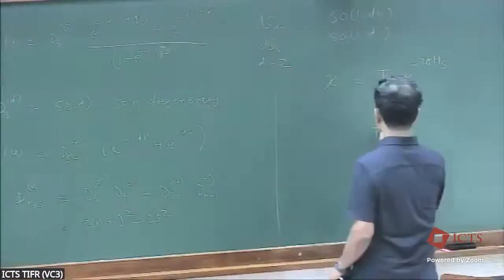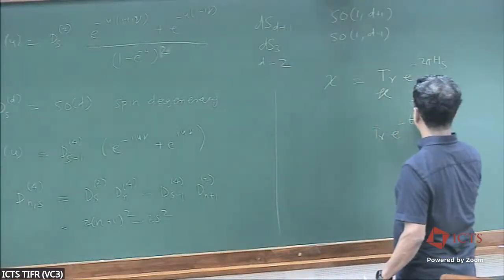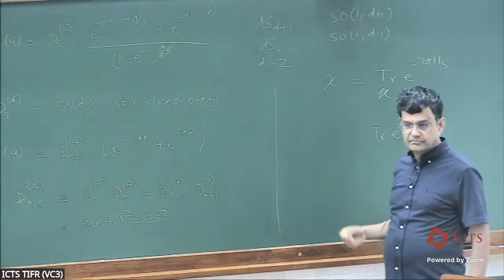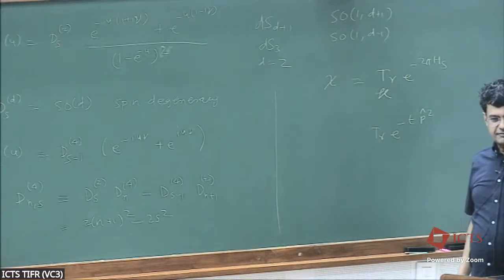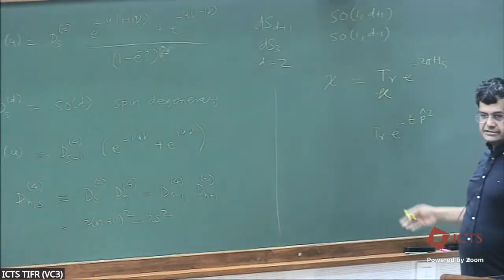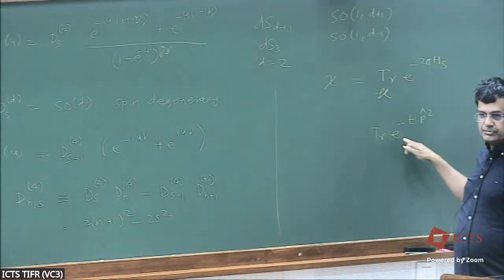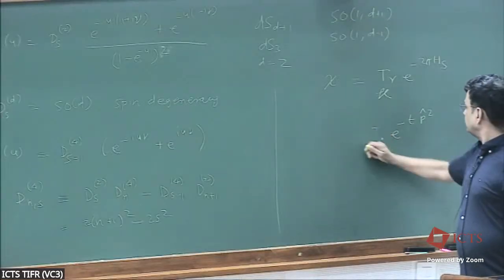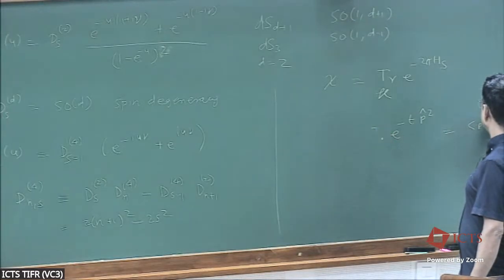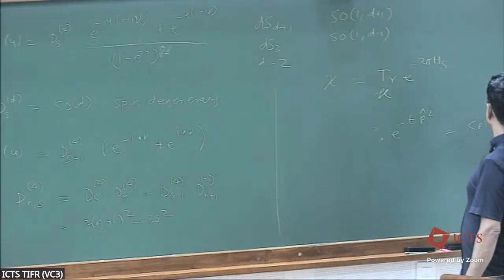See, it's a little bit like, suppose you were computing the trace of e to the minus t p squared for a free particle, not for a harmonic oscillator. This trace is divergent. You might be tempted to say that, okay, I diagonalize this operator, and then what will you get? You will get the integral dp e to the minus t p squared.